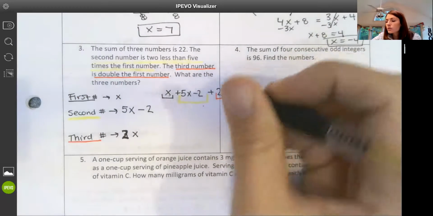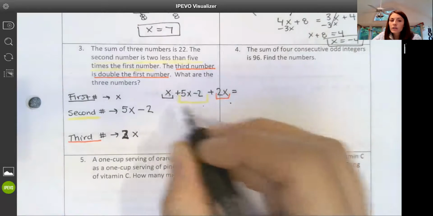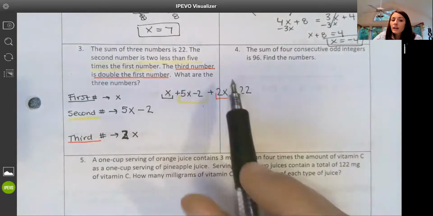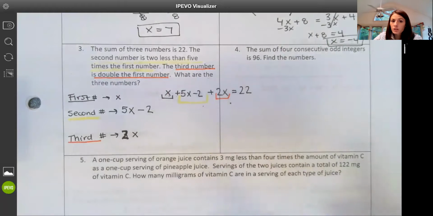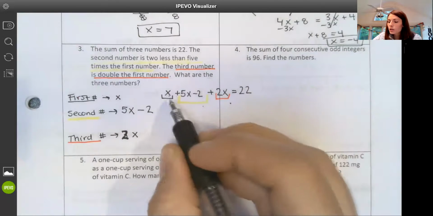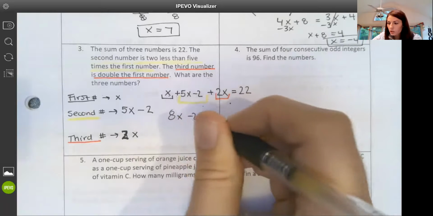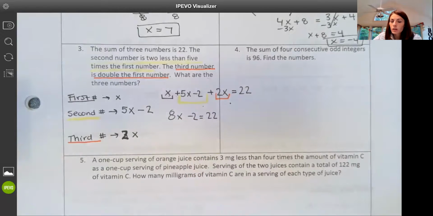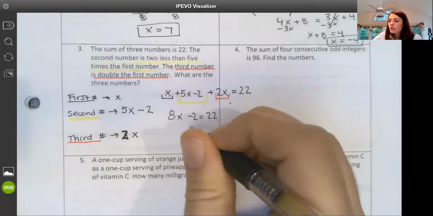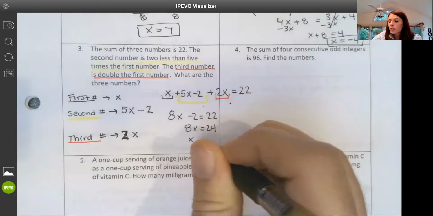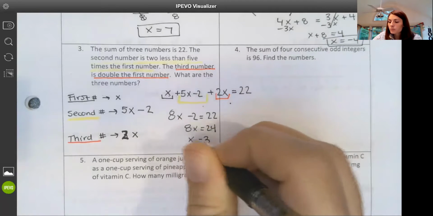And the sum of those three numbers, which means I'm adding them together as I have it written, is 22. Okay, the setup is the tricky part. Now I'm just solving. So I'm combining like terms, and all together I have 8x's. Subtract 2 equals 22. And I add 2 to both sides, and I get 8x equals 24. And I divide by 8, and I get x equals 3.